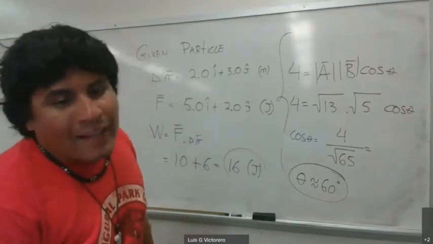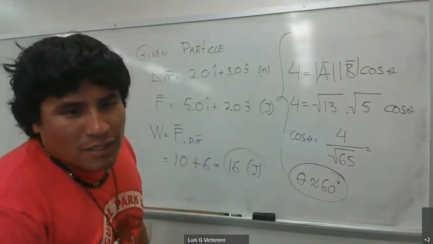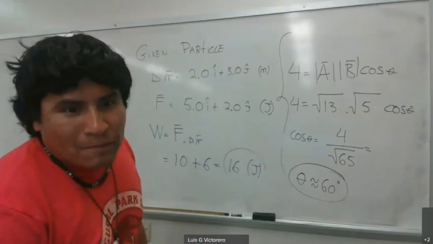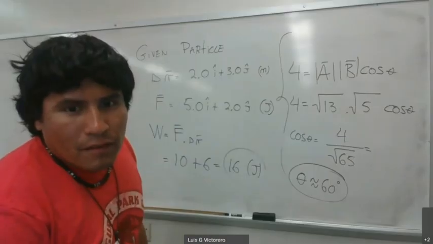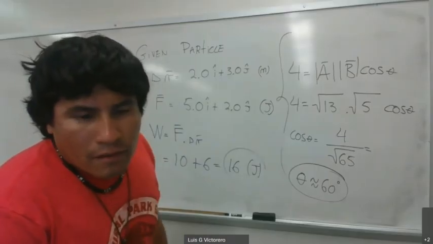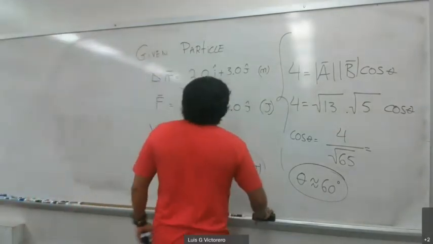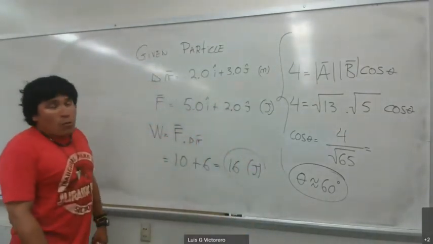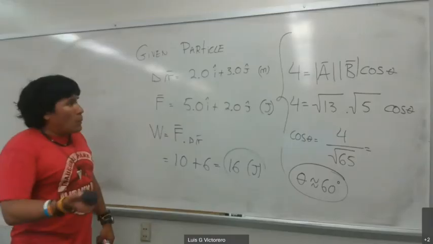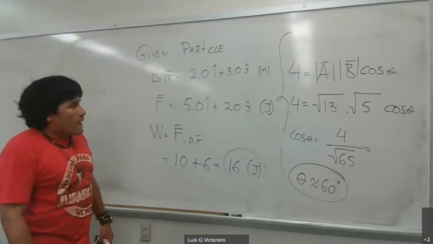Very simple so far, right? But again, it's a constant force. It's expected to be easy, right? So that's how we find work. And we will do applications of this as well.